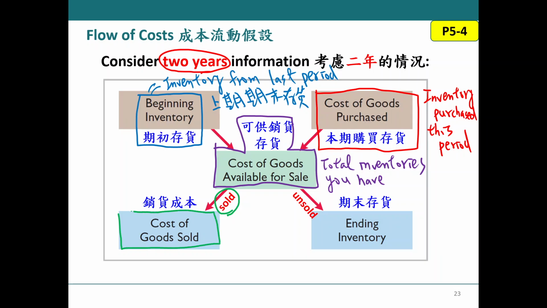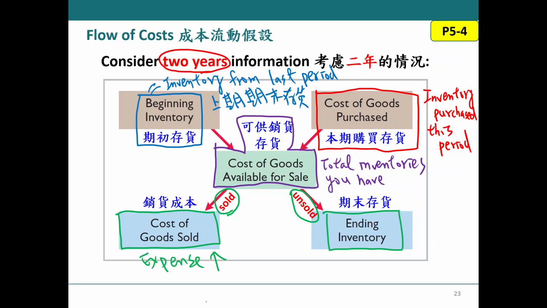So when we sold some inventory to customers, that's our cost of goods sold, our expense. We still have some inventory unsold in your company, then that's our ending inventories.